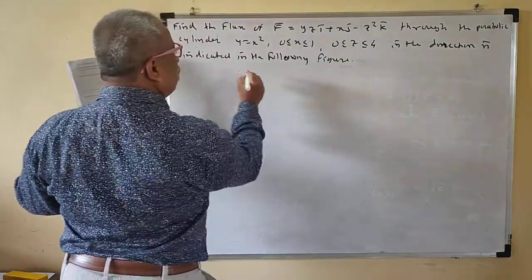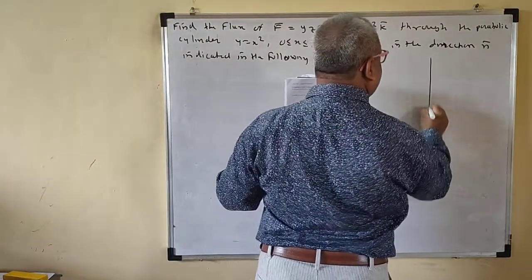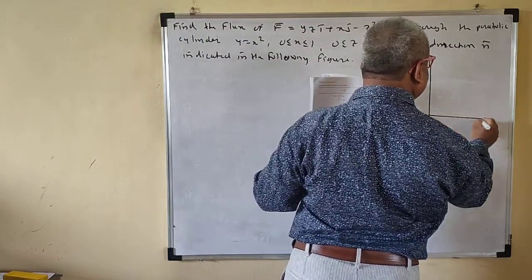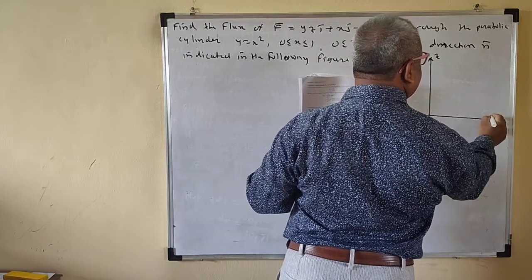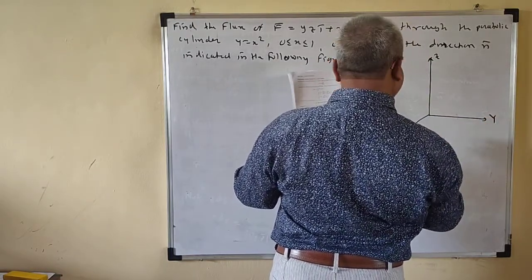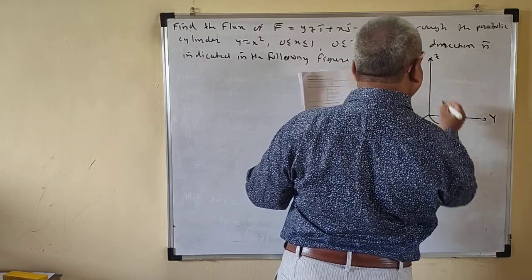Okay, so I will draw the figure here. The figure is given in the problem. This is your z axis, this is your y axis, this is your x axis. So the parabola is given.